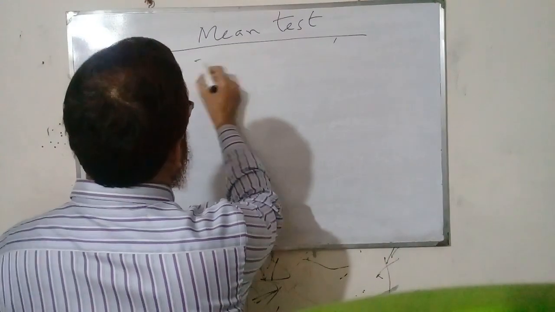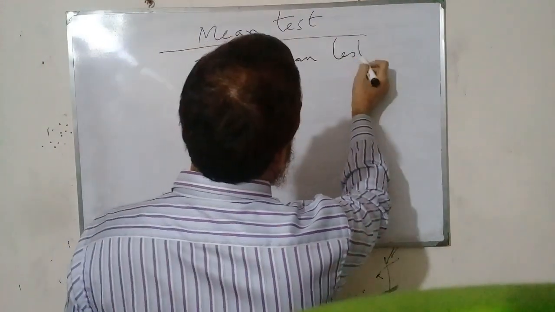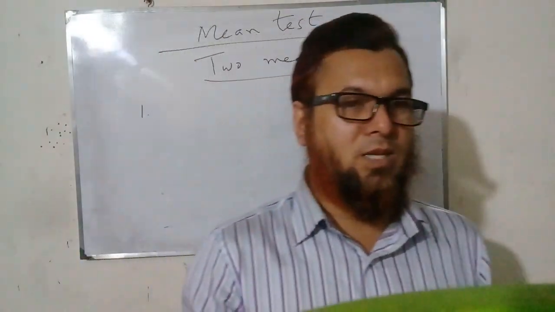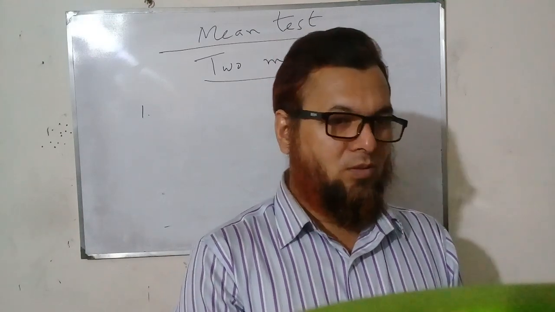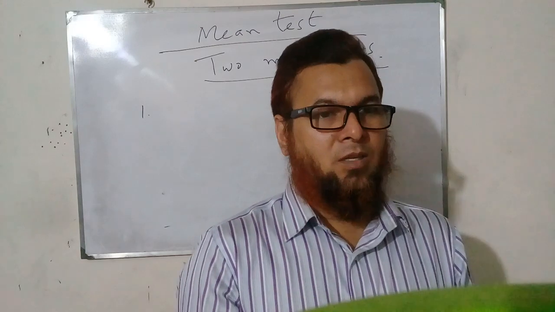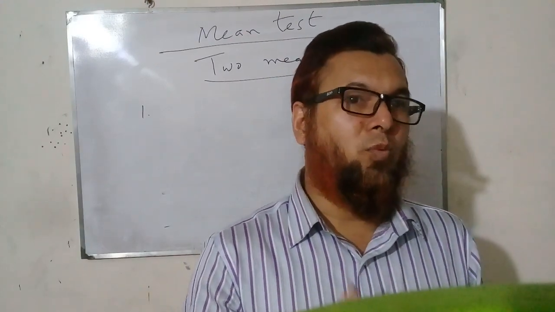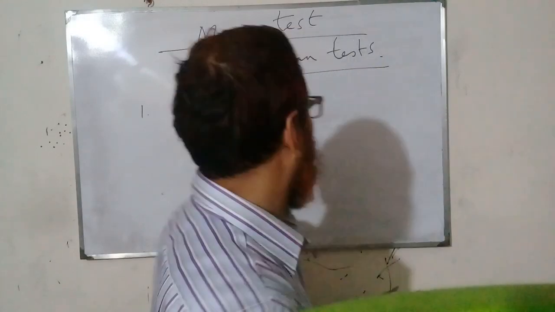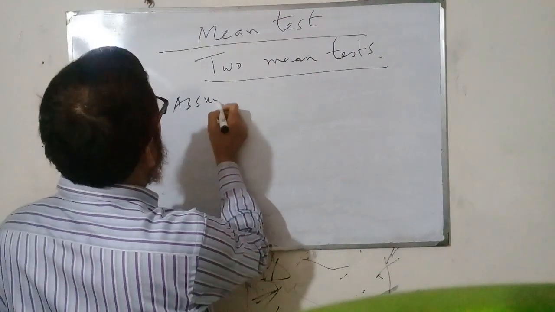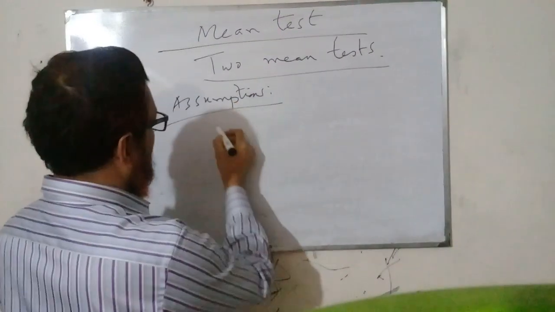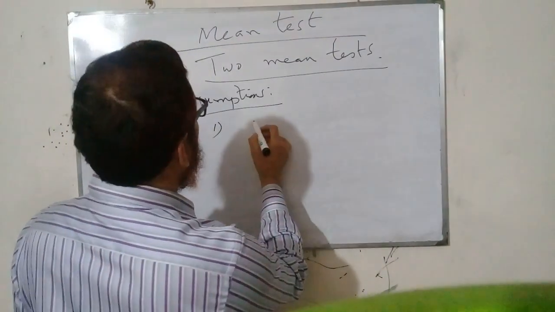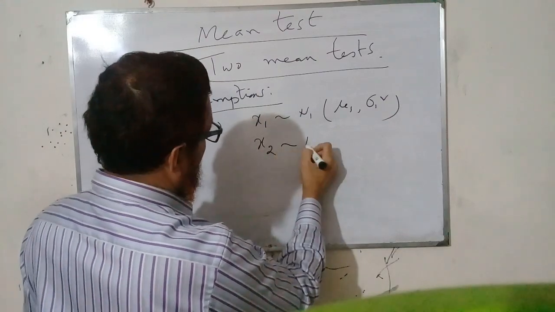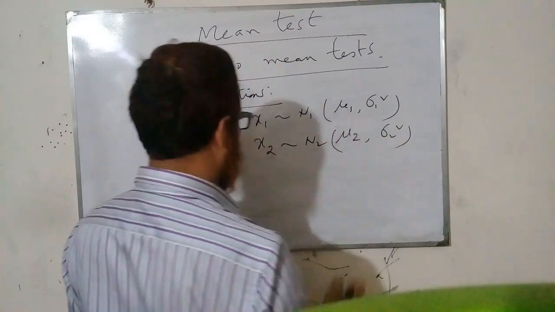Next, the two mean test. Assumptions: number one, two random samples of size n1 and n2 are drawn from two normal distributions, N(mu1, sigma1 square) and N(mu2, sigma2 square).